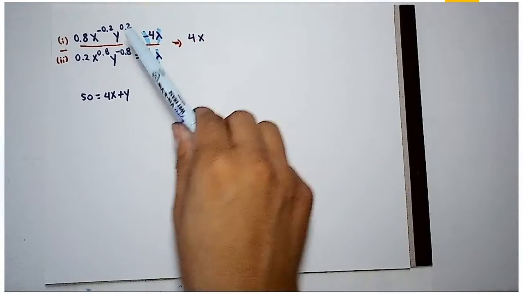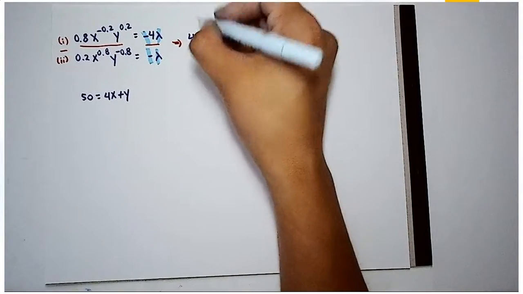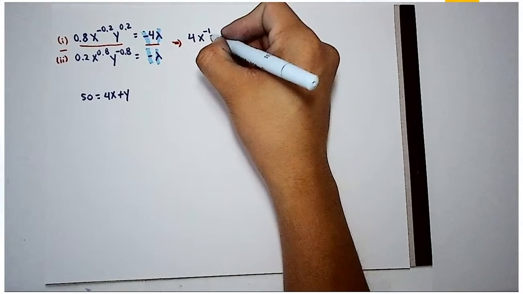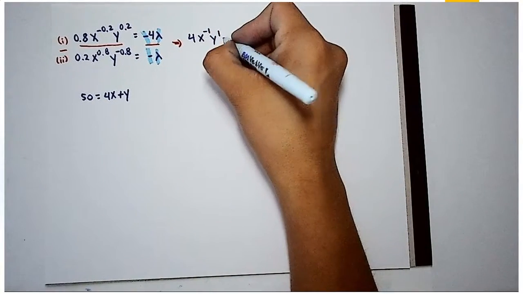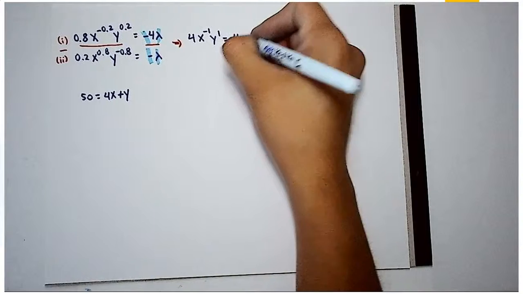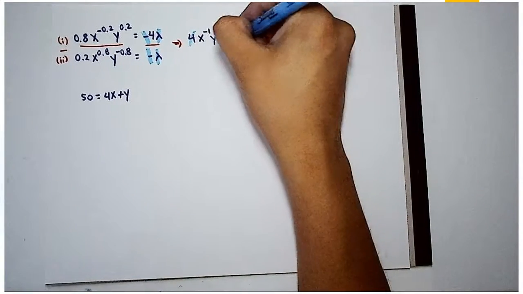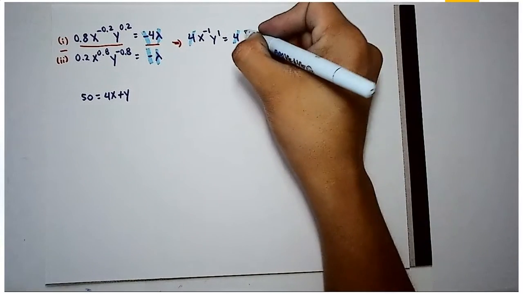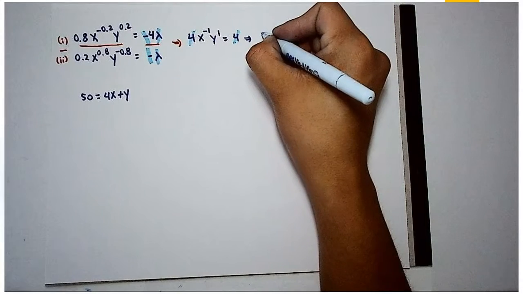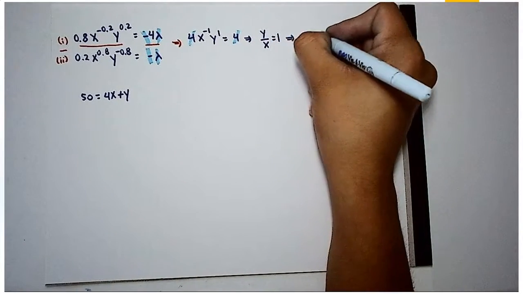And then x to the minus 0.2 minus 0.8 is x to the minus 1. y to the 0.2 plus 0.8 is y to the 1, equals 4. And then this 4 cancels out. And this means that y over x is equal to 1. In other words, y is equal to x.